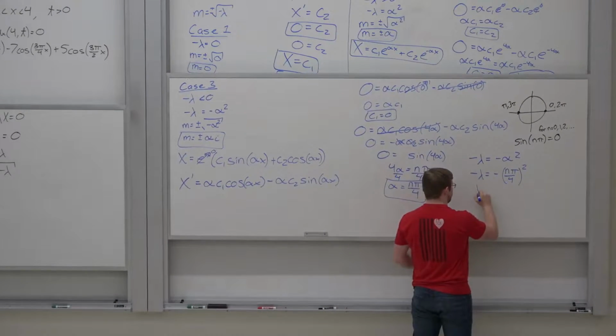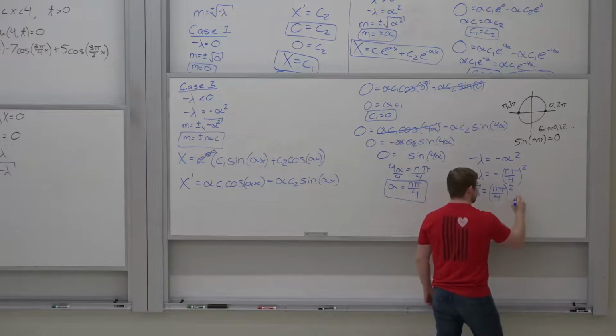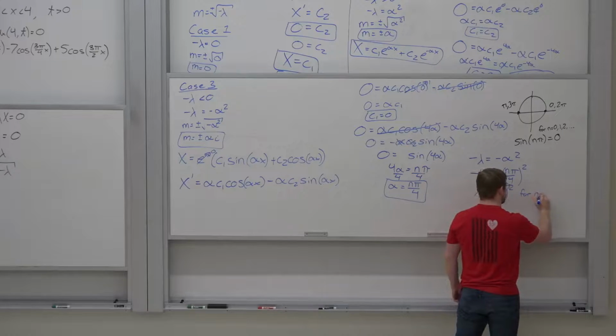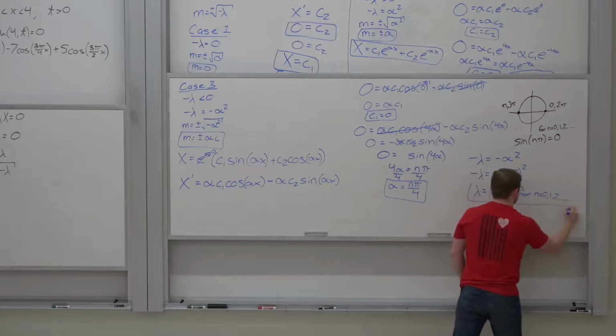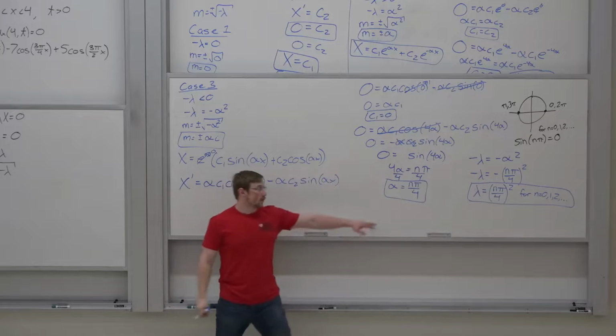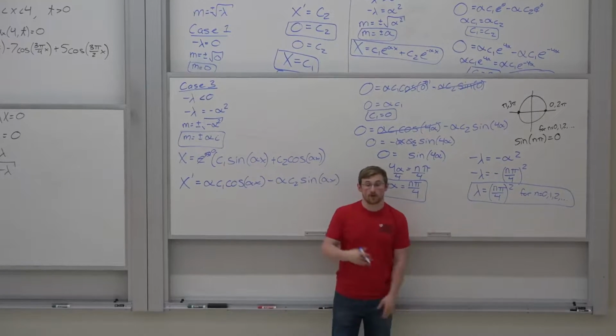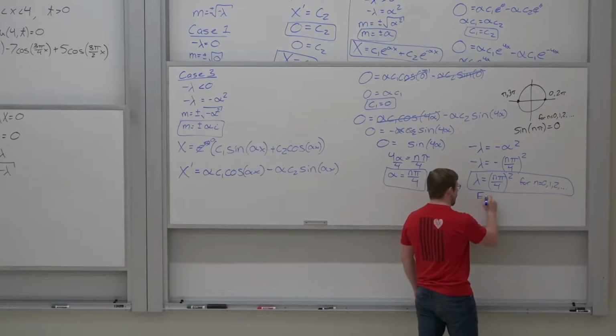Just divide out the negatives, and we get lambda is equal to n pi over 4 squared for n equal to 0, 1, 2, and so on. So I found all of my values for lambda, and these represent my eigenvalues.